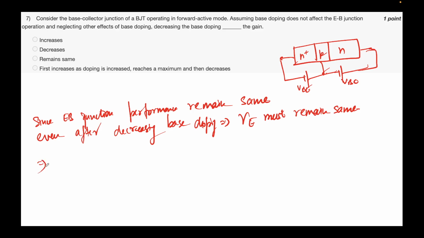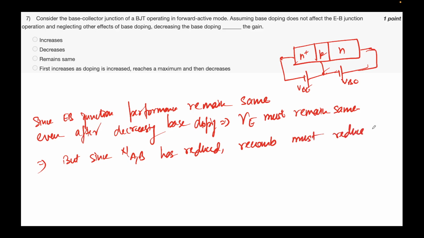But since N_AB, this is P type, so the acceptor doping in the base has reduced, recombination must reduce. In other terms, base transport factor should increase, right?